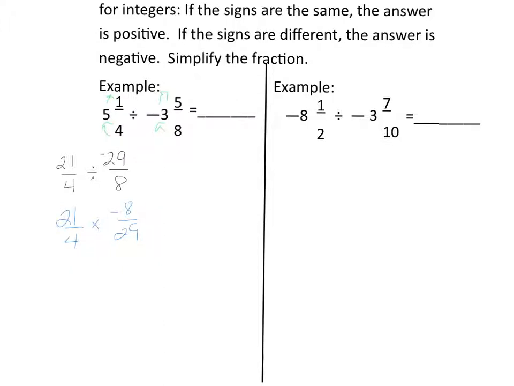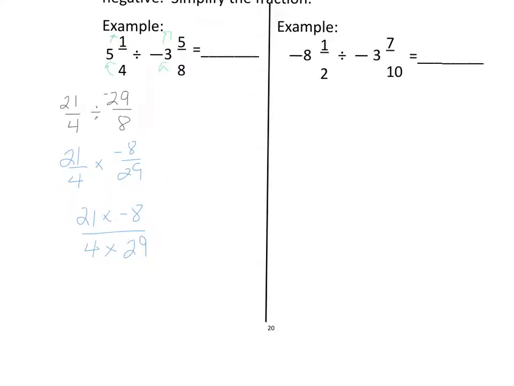So we can now go through and multiply across the top and across the bottom. As all the other examples have shown, I will do cross simplification for both and simplifying at the end.